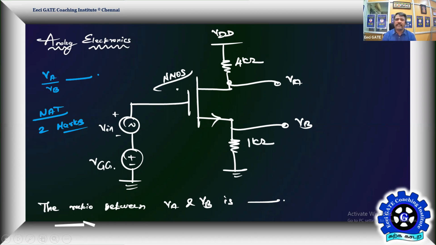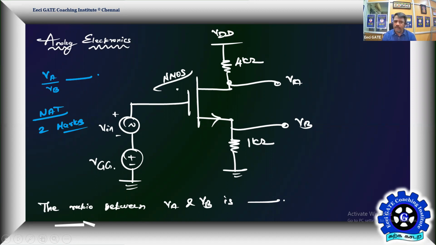That means the VDD and VGG given bias the NMOS comfortably in the saturation region of operation. We need to find the ratio VA by VB. It is a numerical answer type problem for 2 marks.